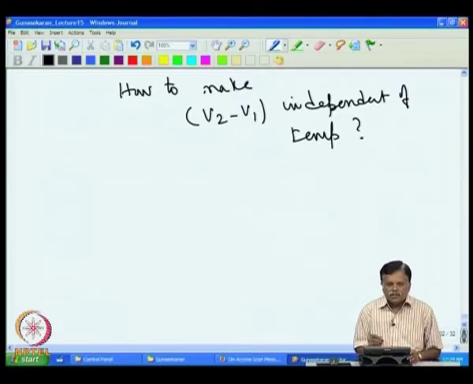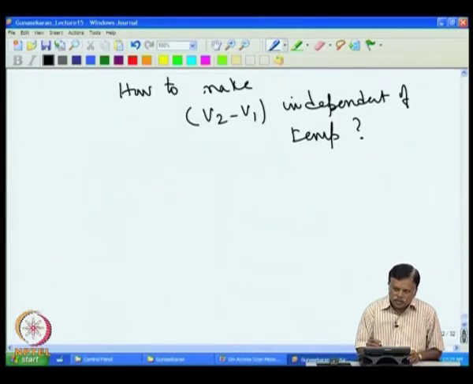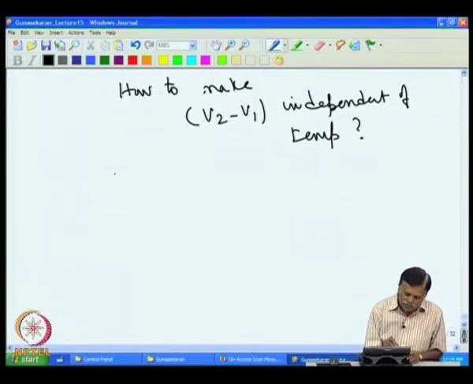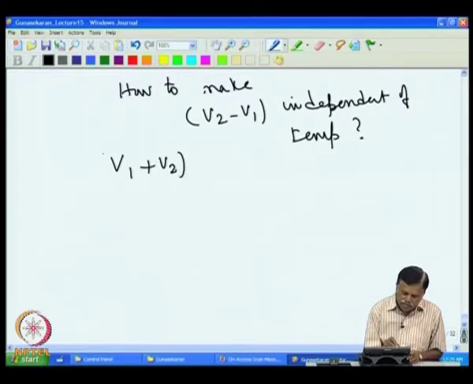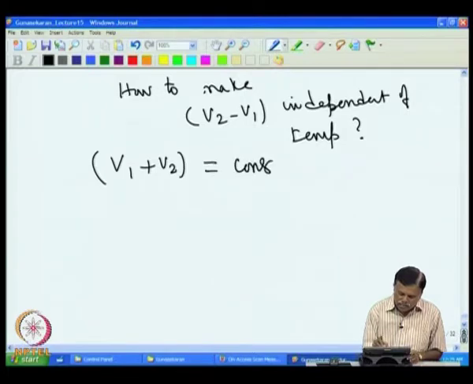Now, because of temperature, the resistance of the wires changes, and because of that we are getting error. To solve this problem, normally what is done is, we know that if I take V1 and add it with V2, the total voltage V1 plus V2 is supposed to be constant in the LVDT.